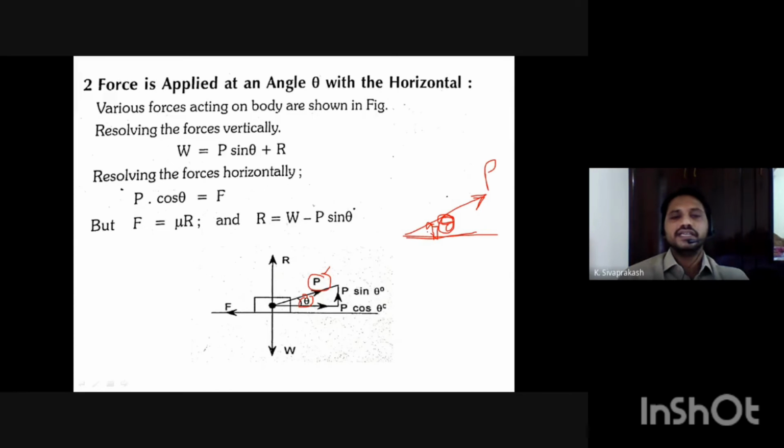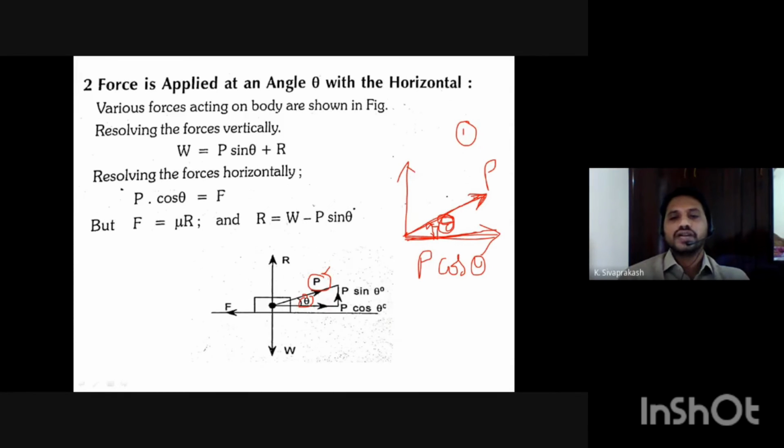I told you many times, any force can be resolved into component forces. You can resolve it into two components, an x component and a y component. This is a first quadrant force, P is in the first quadrant area. The x component will be P cos theta, because this is the side adjacent to theta.